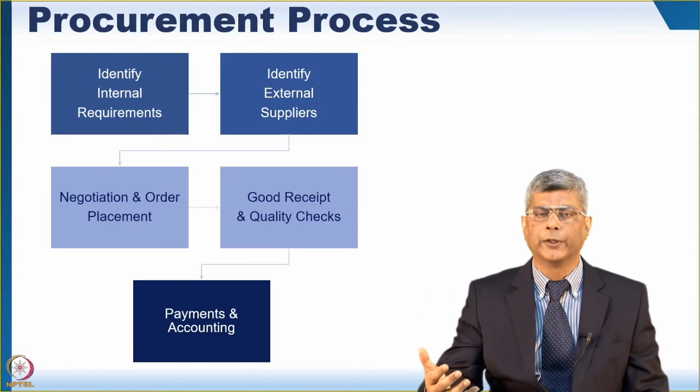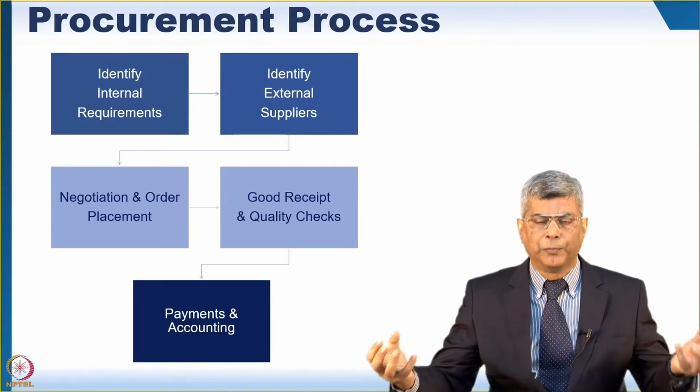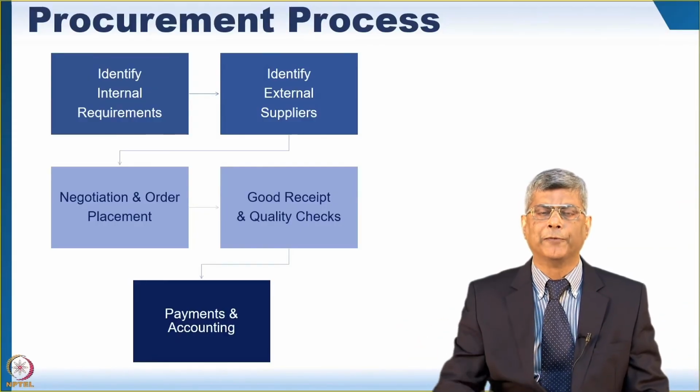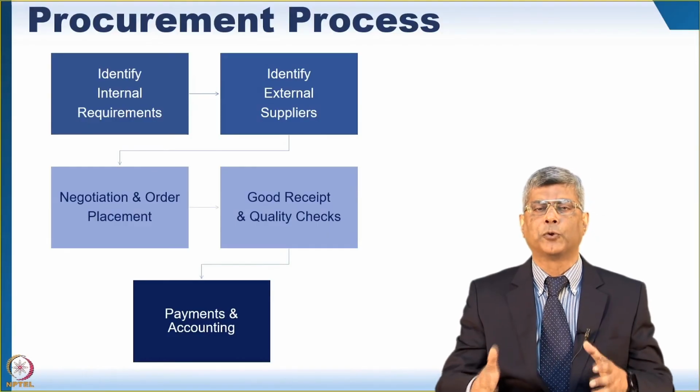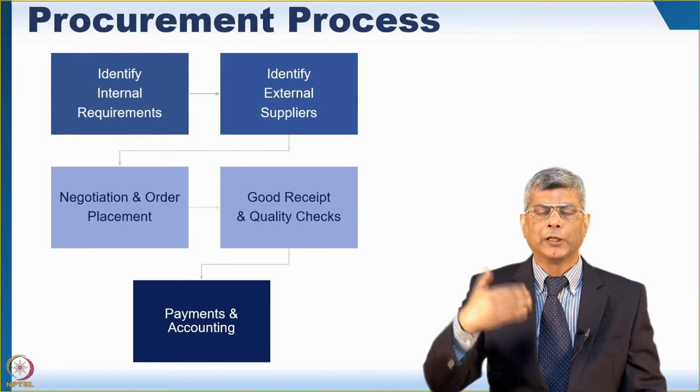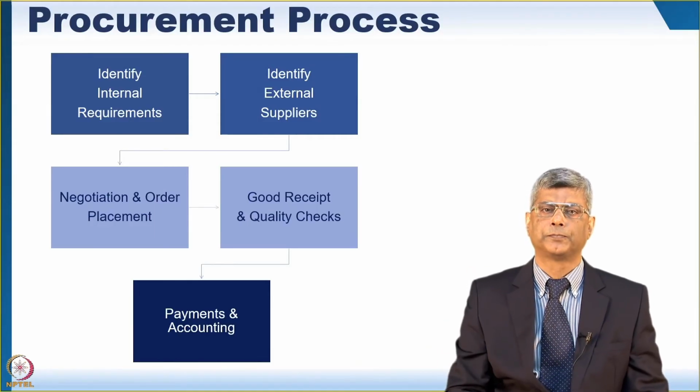That's about 100 crores of rupees. But the component values that are coming in every day may be half of the sale value, which means 40, 50 crores of components are coming in every day. And someone has to keep track of all of that.